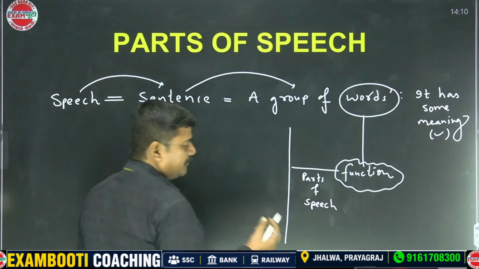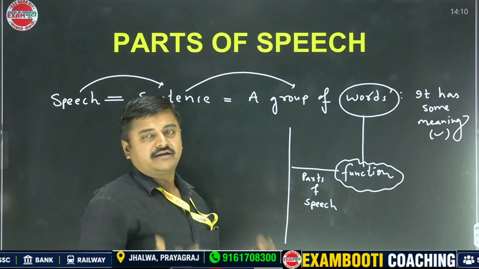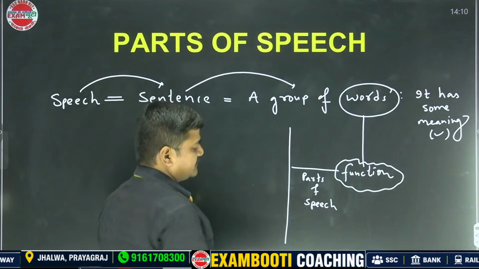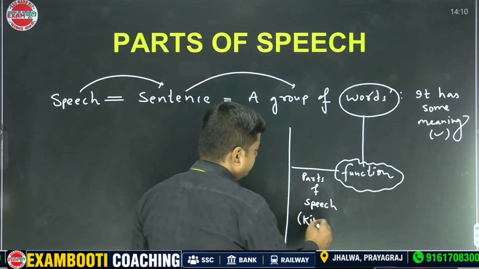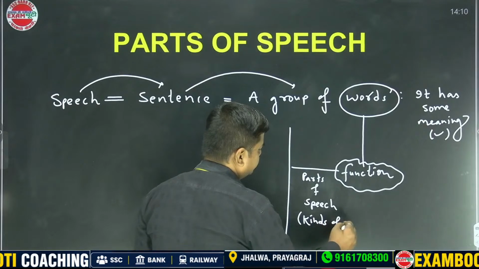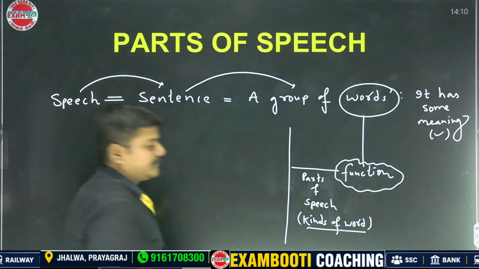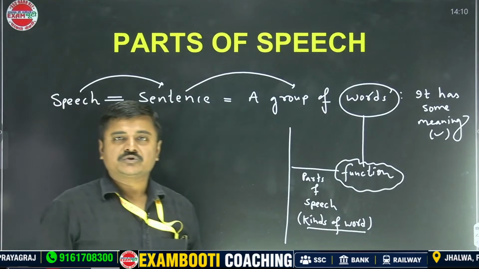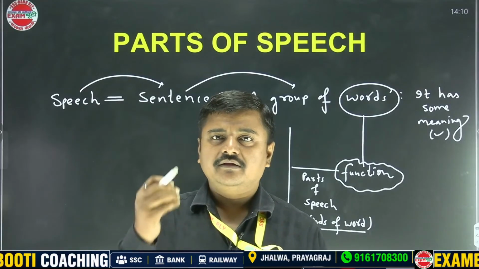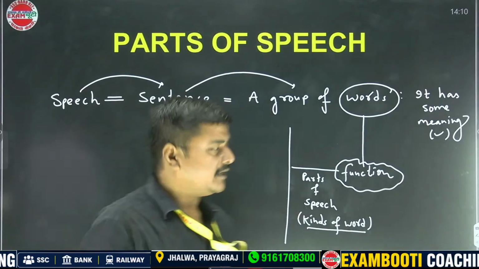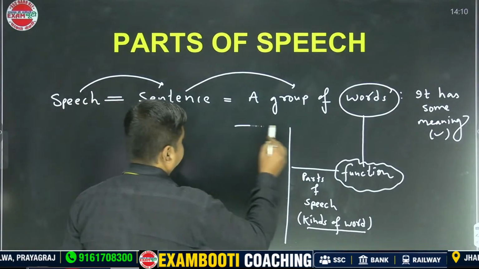For our understanding, we may call it kinds of word. So when we say parts of speech, it is in simple words kinds of word, and a word can function in 8 different ways.